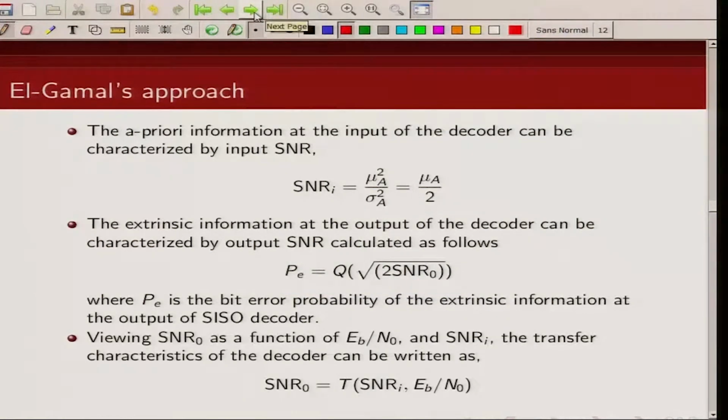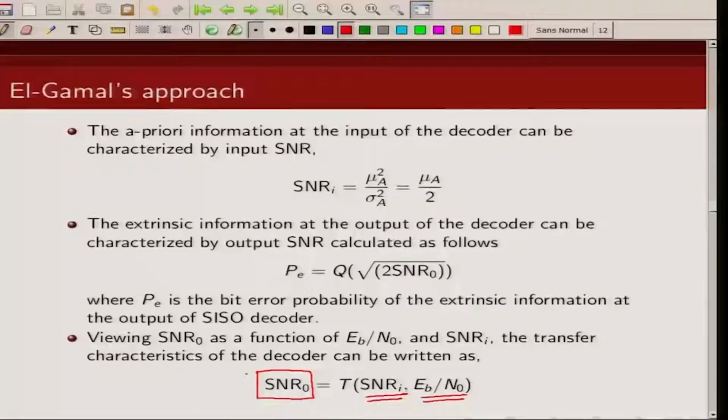Now, what we can do is write this output SNR in terms of input SNR and our operating signal to noise ratio. So, we can view the output SNR of the extrinsic information as a function of the input SNR of the a priori information as well as the channel operating signal to noise ratio.